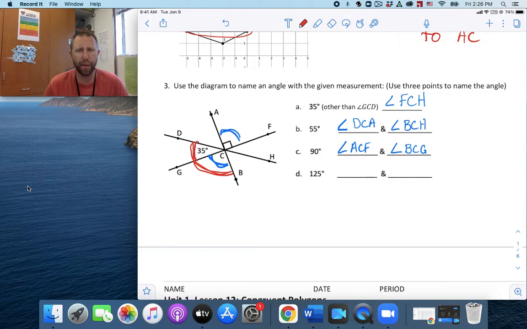So to label that one, that would be angle DCB. And then to get the other one, well, that's just its vertical angle, which would be these two right here. And that is angle ACH.